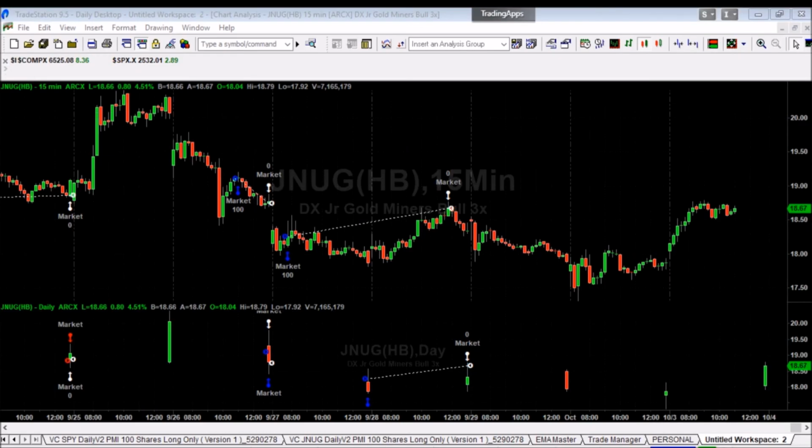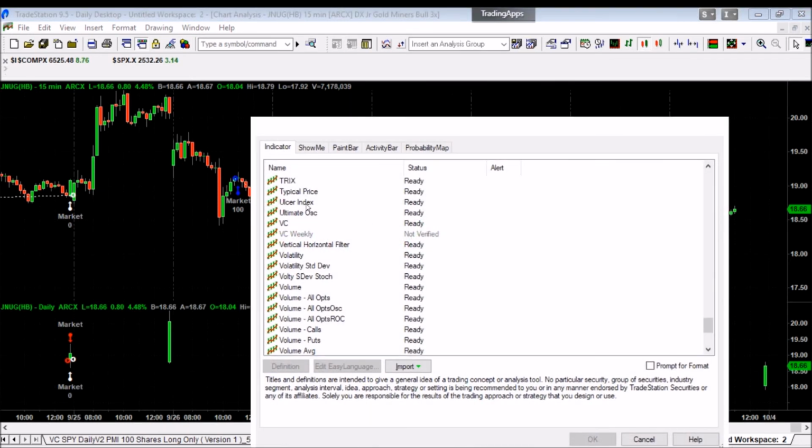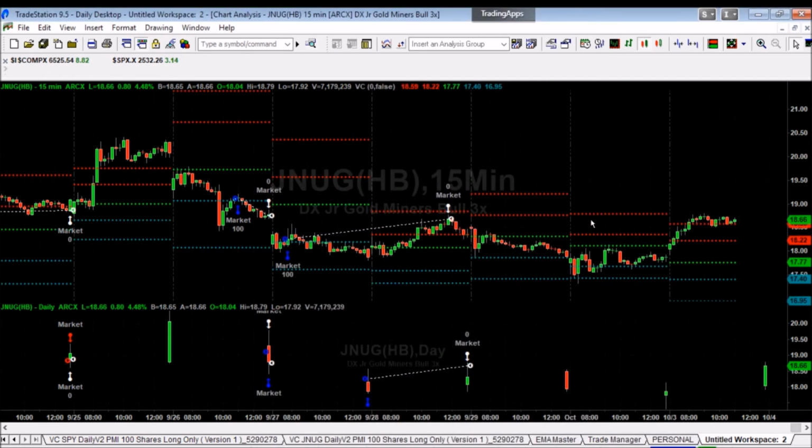Now let's take a look at the TradeStation 15-minute and daily algorithm that we have running and see what they're telling us right now. Let me add here the analysis technique, which is the variable changing price momentum indicator, and it will give us a very good idea of potentially where we are.